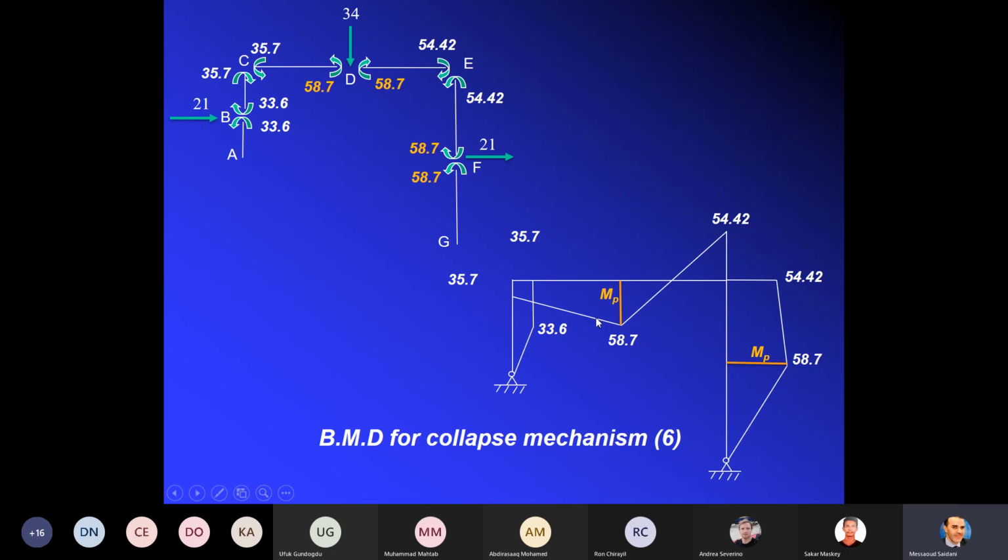So this is the fully annotated bending moment diagram for this frame, for this particular combined mechanism that we have considered. And that concludes this particular problem.